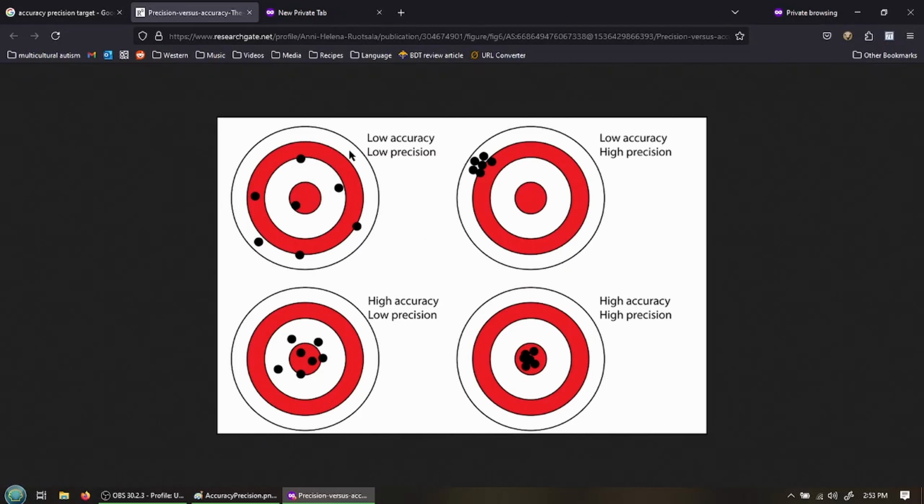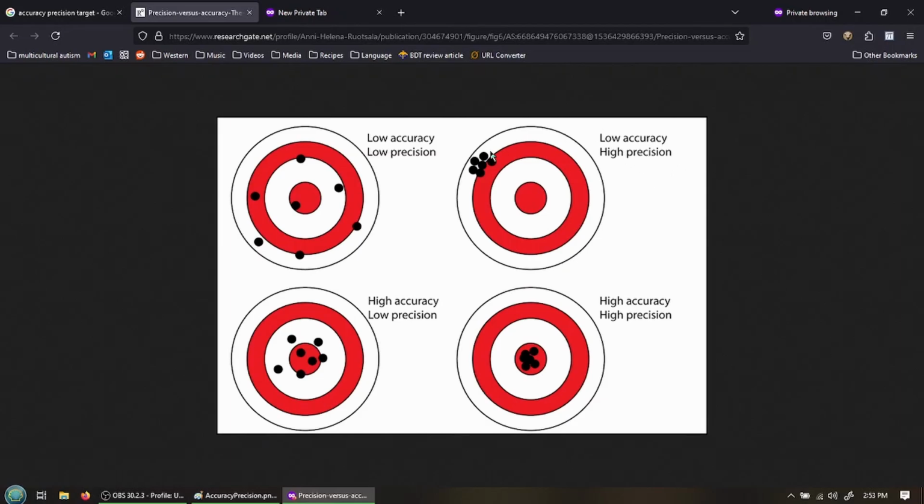Now, we could also have something that's low accuracy and low precision. In this case, we're really not hitting the bullseye very well, right? We're kind of all over the map, and the spread is huge. So it's not exactly like we're very precise either. We're not repeating a measurement, or we're not repeating hitting the same place every time. Over here on the upper right, you'll see low accuracy and high precision.